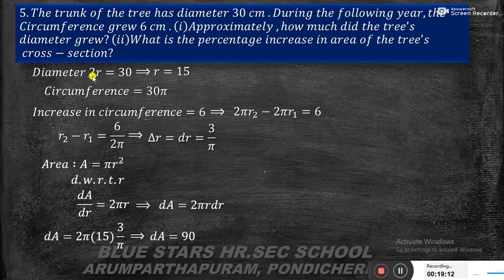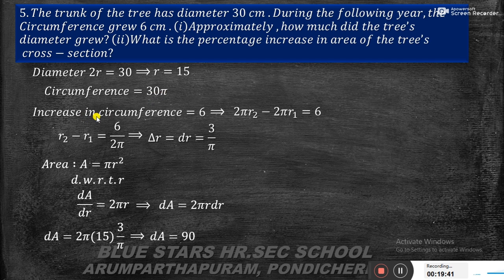They give the diameter of the trunk, so diameter 2r equals 30, r equals 15. The circumference formula is 2 pi r, so 2 pi into 15 is 30 pi.